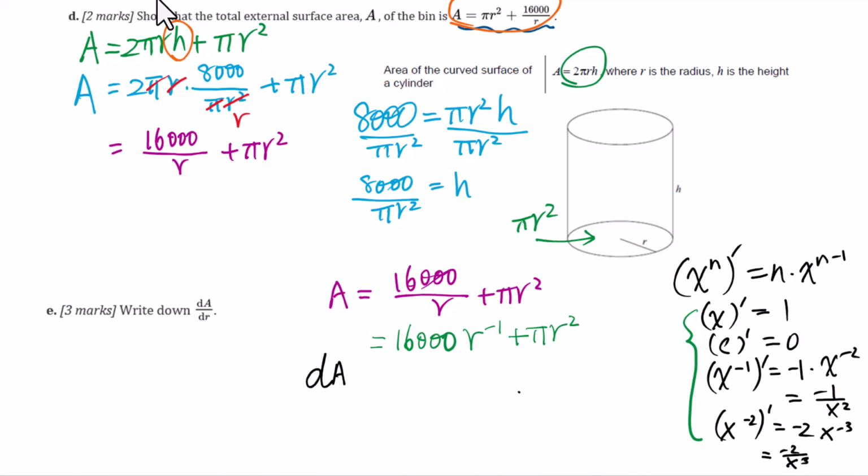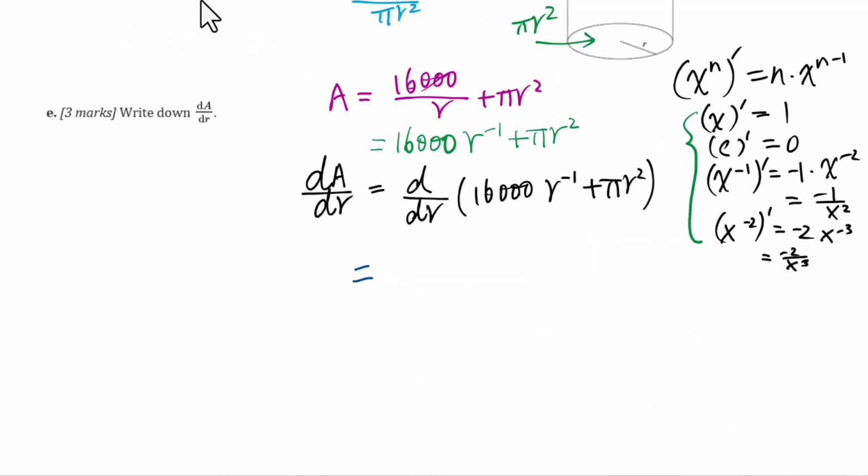Therefore, dA dr equals d dr of 16,000 r to the negative first power plus pi r squared. So we get 16,000 is the coefficient, so we bring it down.